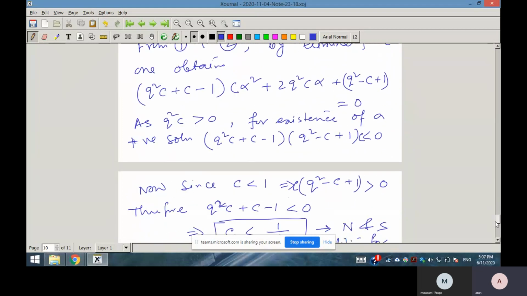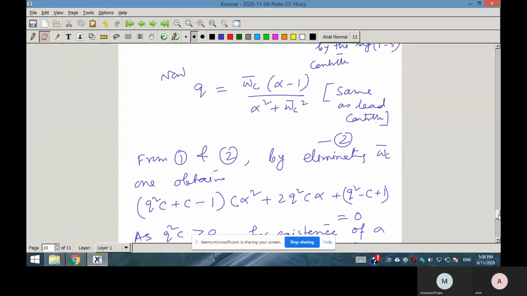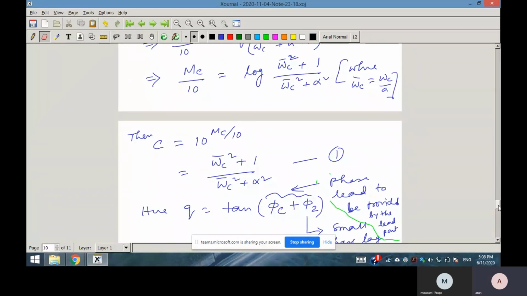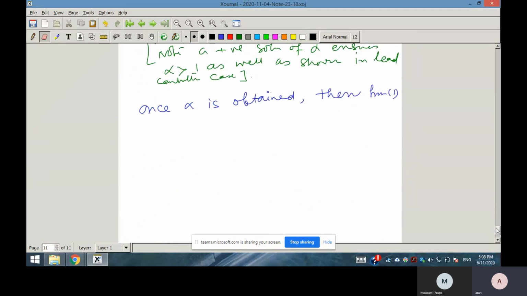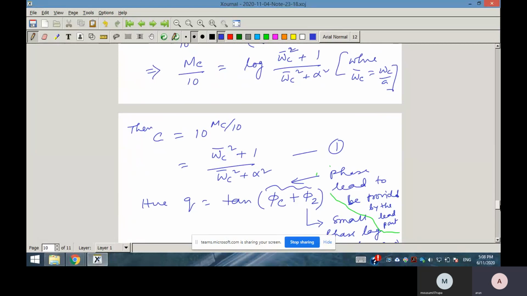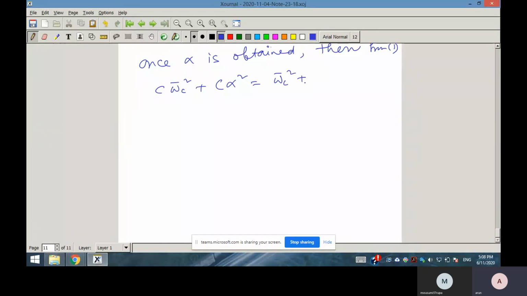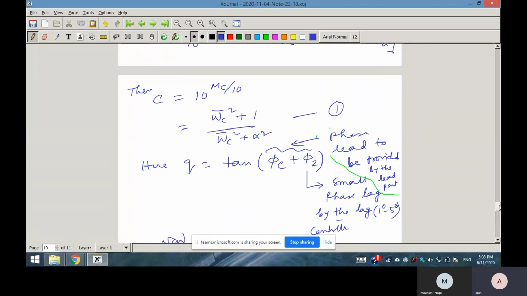So from 1, a will be equal to, from 1, c omega c bar square plus c alpha square, c into omega c bar square plus c alpha square, equal to omega c bar square plus 1. Yeah, omega c bar square plus 1.